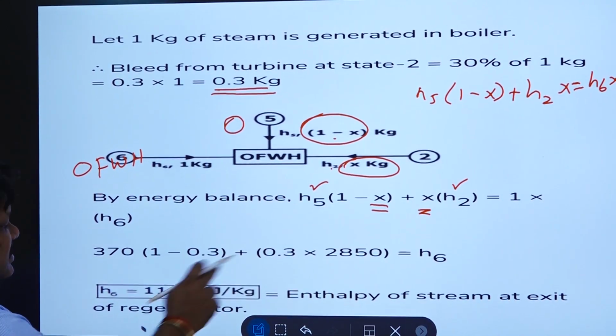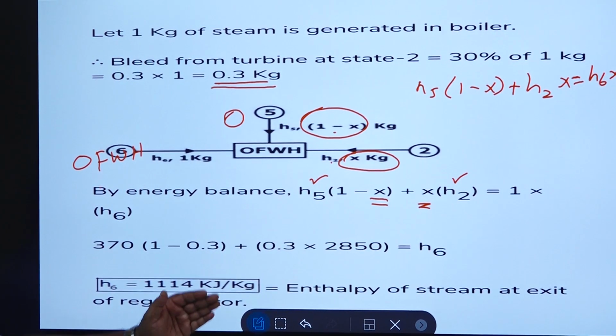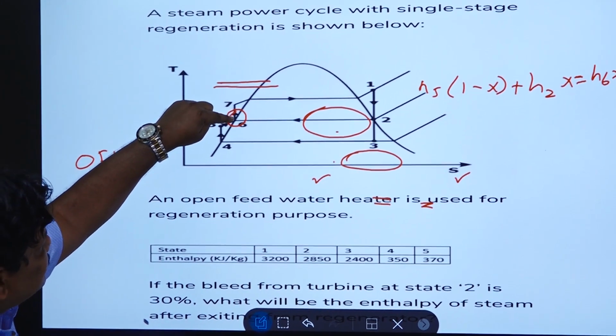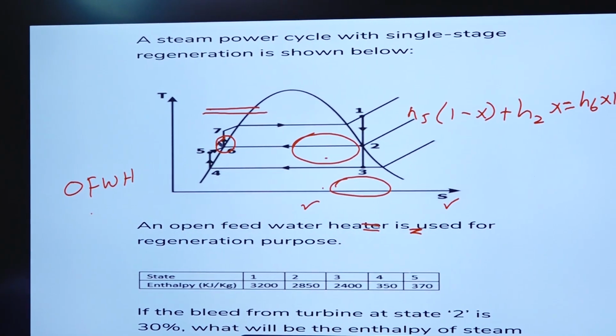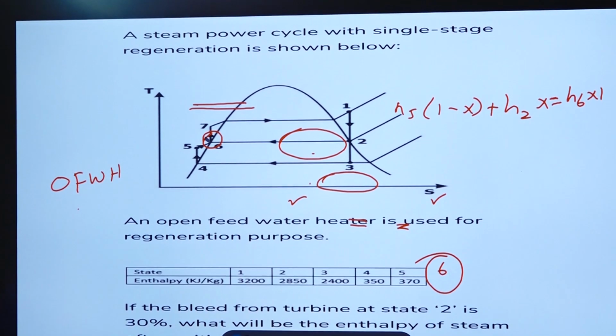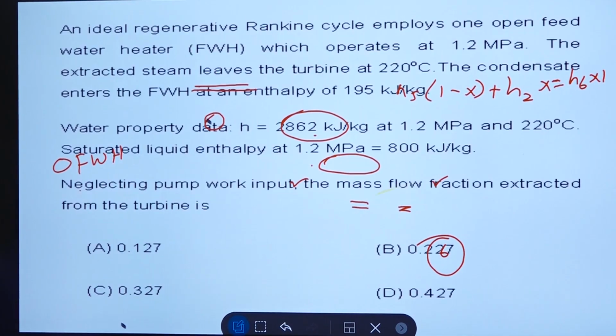The value of H6 is 1114 kilojoule per kilogram, which is the enthalpy of the stream at the exit condition, at the 6th position, where this regenerator is used. So you can find the enthalpy of this stream at the exit.